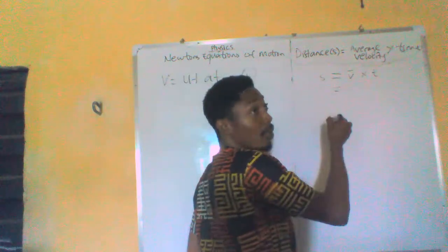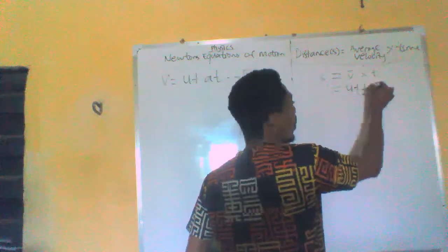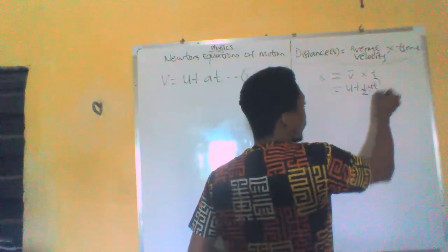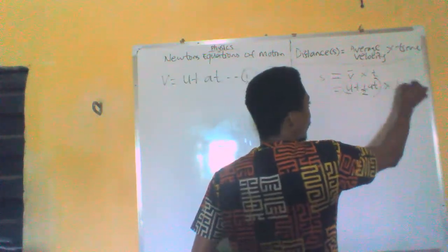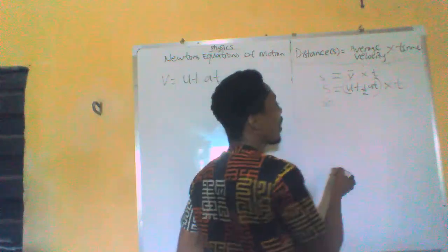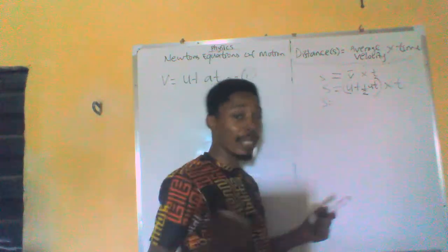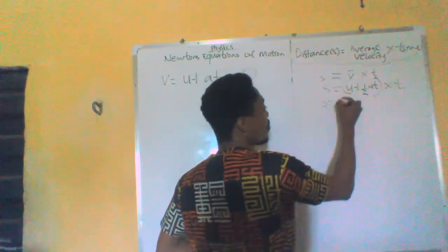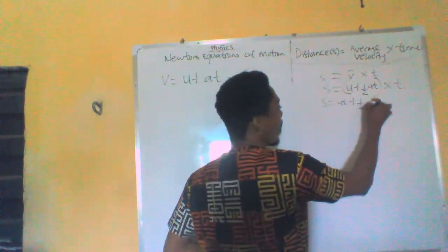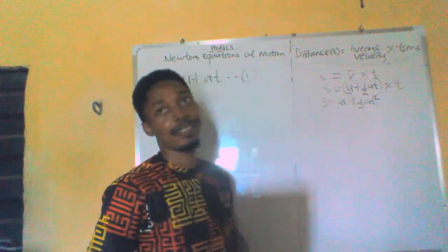I believe you still remember what V bar is, U plus half AT, times T, S for distance. Moving from there, T will multiply everything in the bracket. T times U is UT, T times half AT is half AT squared.